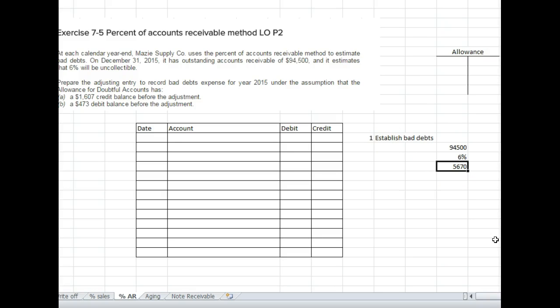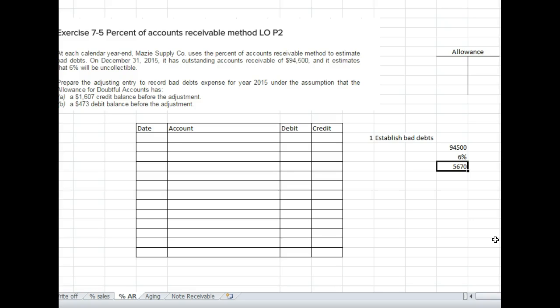Okay, so now this is where it's different. Remember how I said you don't adjust the bad debts with the percentage of sales annually? This is where you adjust it, okay?